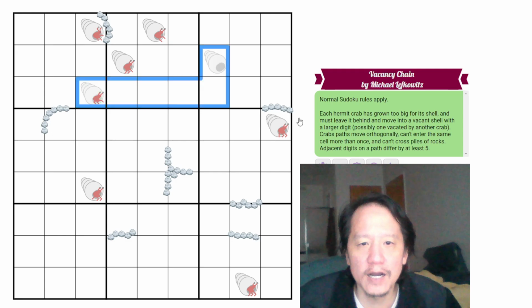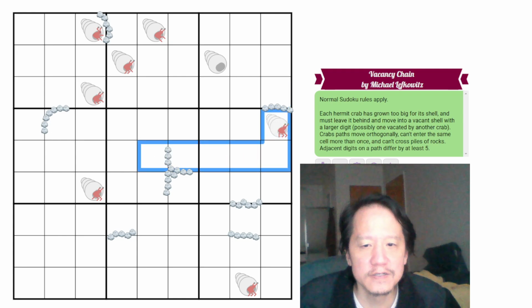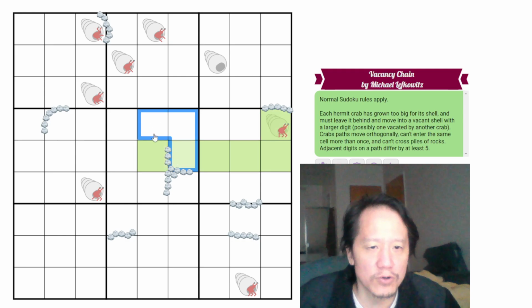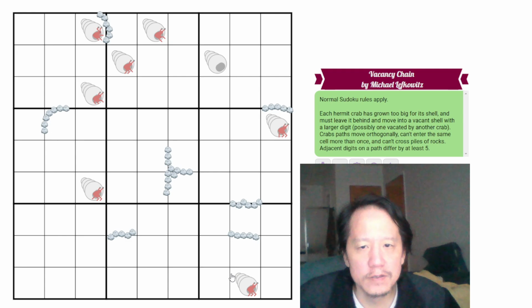And paths cannot cross rocks. So paths cannot go something like this, right? It could go around, but that's it. And you can't enter the same cell more than once. Okay. And those are all the rules.